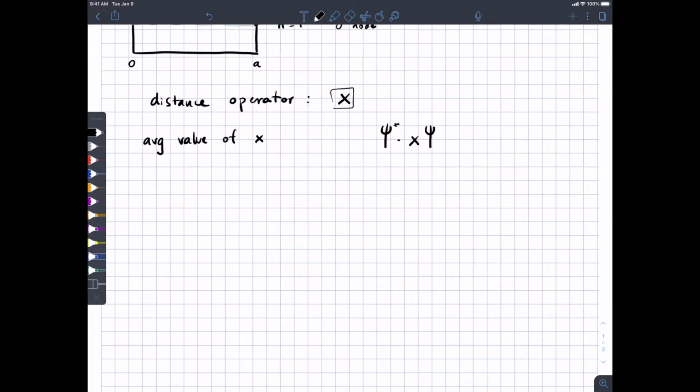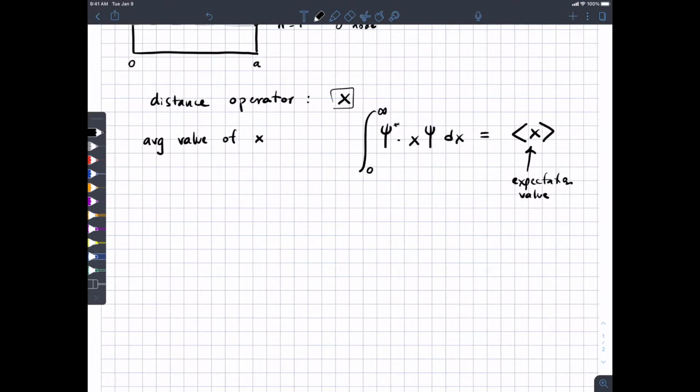Here the function is just x, so applying it to the wave function is just multiplying it. And then we take all of that and we integrate it over all space. And then we're going to get something called the expectation value for x. That is the average position of the electron throughout all space.